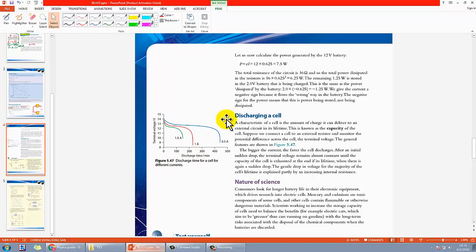When you discharge a cell, that means a normal battery, like your remote control, when the battery is fully charged, like new, then at the beginning the voltage may be quite high, and then quite quickly it will drop to a constant period like the blue line here.